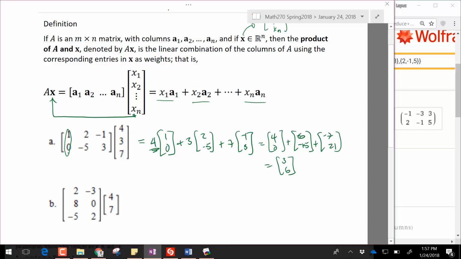Each column of this matrix is a vector, so it becomes a multiplication between an element in the second vector times a vector from the matrix. The number of columns here has to match the number of elements in that vector.